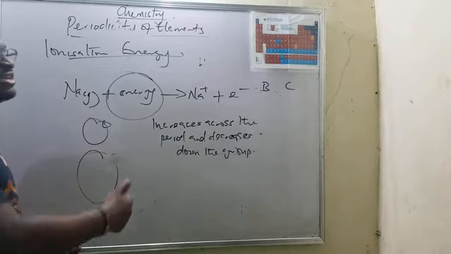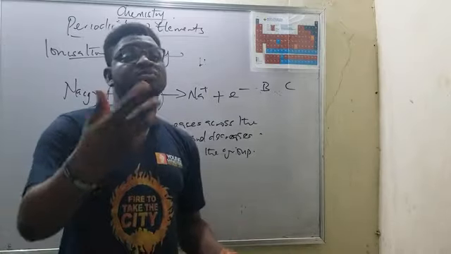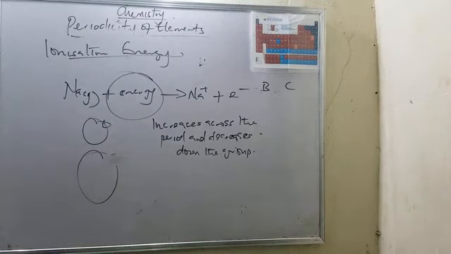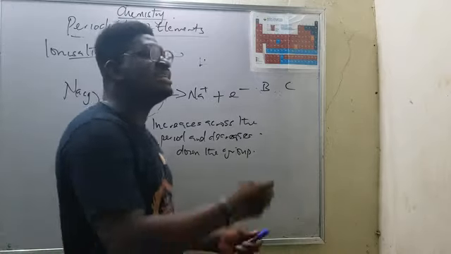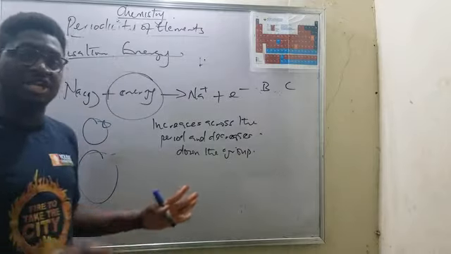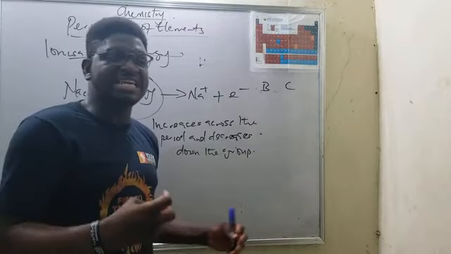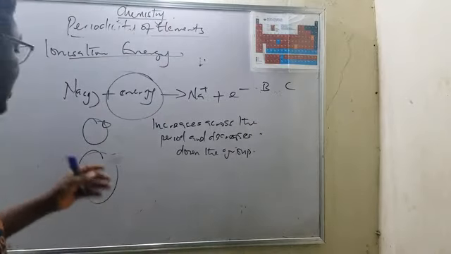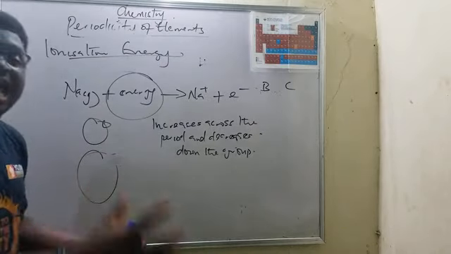So as the size increases, the energy that you use to remove the electron also reduces. You don't have to spend so much energy to remove an electron because it is big, so it is very easy to just remove it.